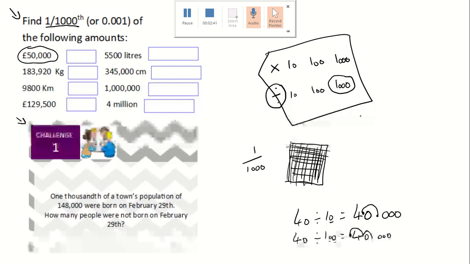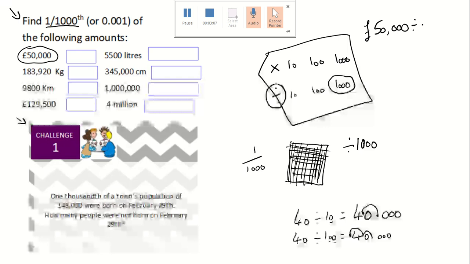So if we're going to divide by 1,000, we're going to jump 3 times, remembering every whole number has a decimal at the end, even if you don't see it. So let's take this one for example. 50,000. We need to find 1,000th of that. So we need to divide 50,000 by 1,000.